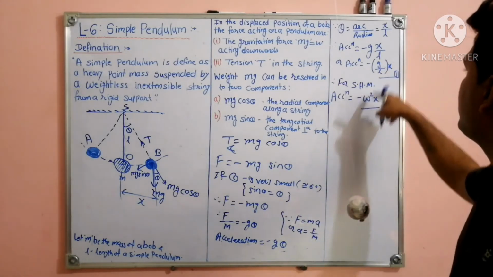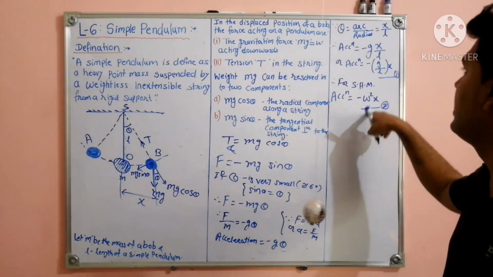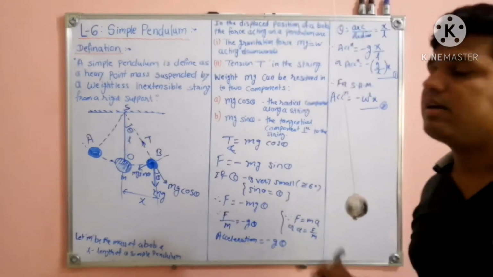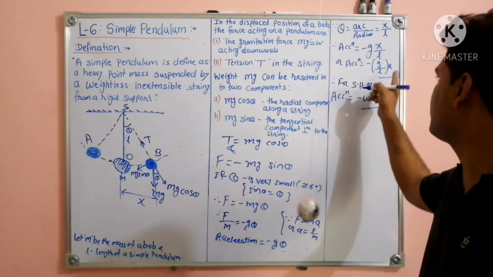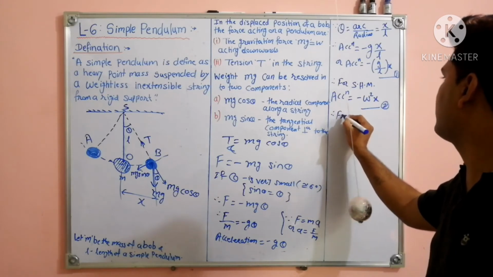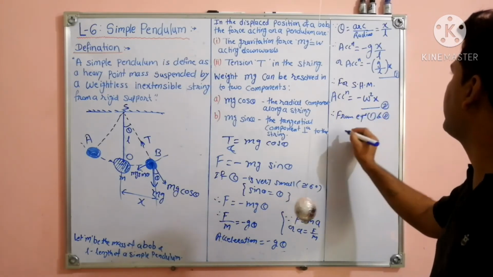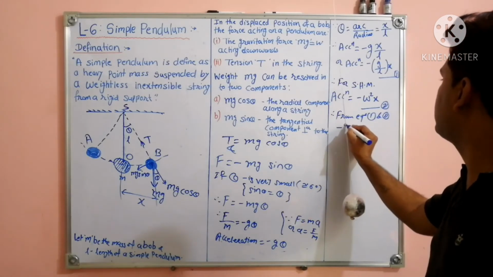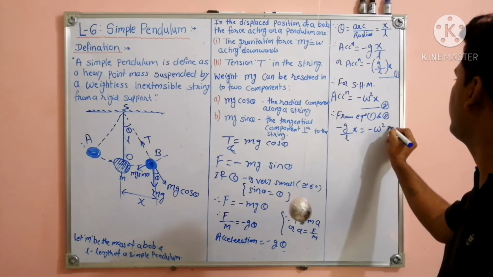Now compare these two equations. One is the general acceleration formula of simple harmonic motion, and the other is the acceleration of this simple pendulum. From equation 1 and 2, we can write minus g by L into x equals minus omega square into x.